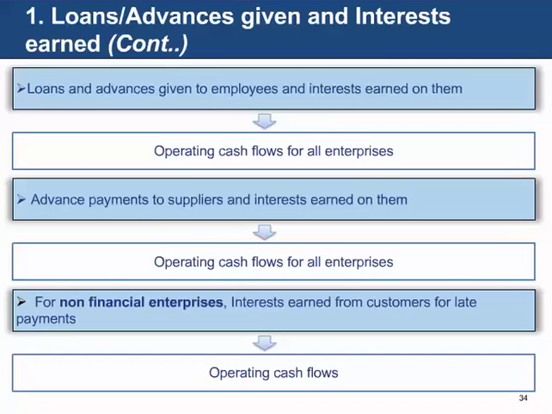Thus we see that employees are always related to operations of the company, so all the cash flows related to employees should be classified as operating cash flows. Similarly, transactions with suppliers or customers for all kinds of enterprises should be classified as operating.